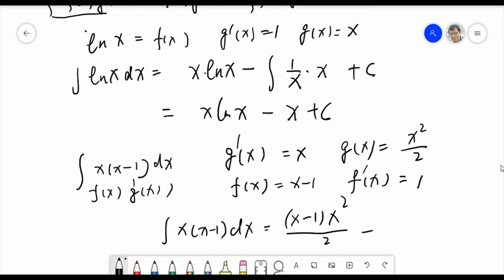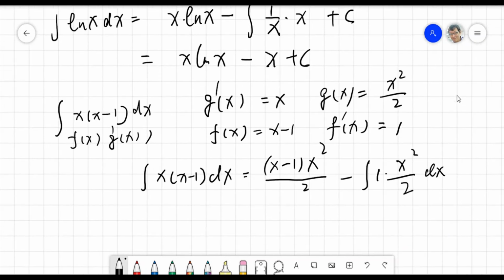Minus the integral of f'(x), which is 1, times g(x), which is x squared over 2, and then of course dx, right?